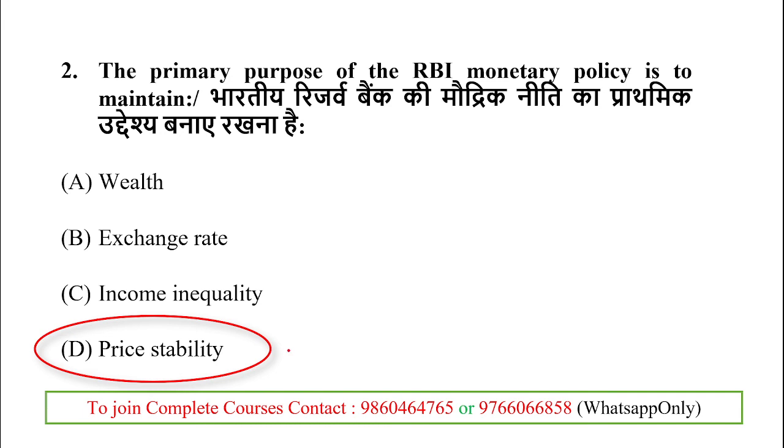And price stability here means whenever the price is disequilibrated or changes, it will also change the income of the consumer. Whenever the price of a product increases, it will change the income of the consumer also.